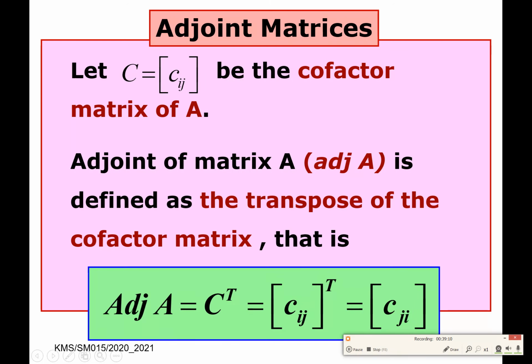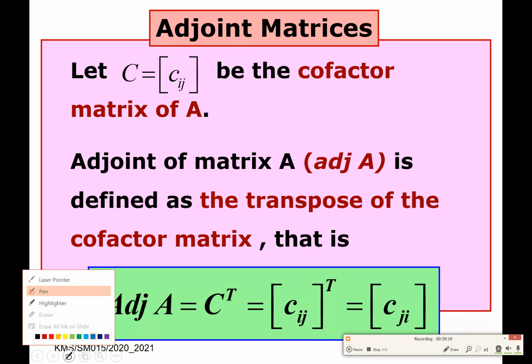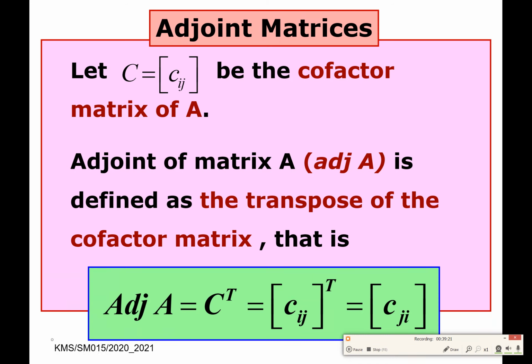So adjoint A means C transpose. The transpose is as we discussed in the previous lecture. We just look at IJ. Before we transpose it is IJ, once you transpose, it becomes JI. So it is very clear to check.